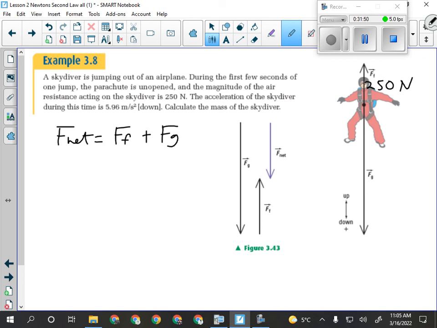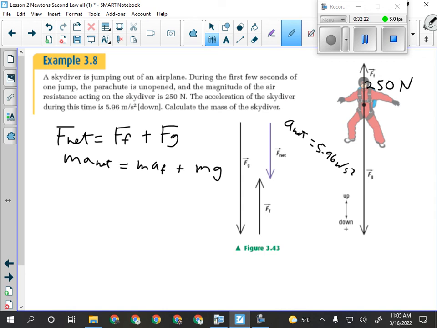We are looking for the mass of the skydiver, and we know that the net acceleration of the skydiver is 5.96 meters per second squared. So if I expand this out, mass times net acceleration equals mass times acceleration due to friction plus mass times acceleration due to gravity.